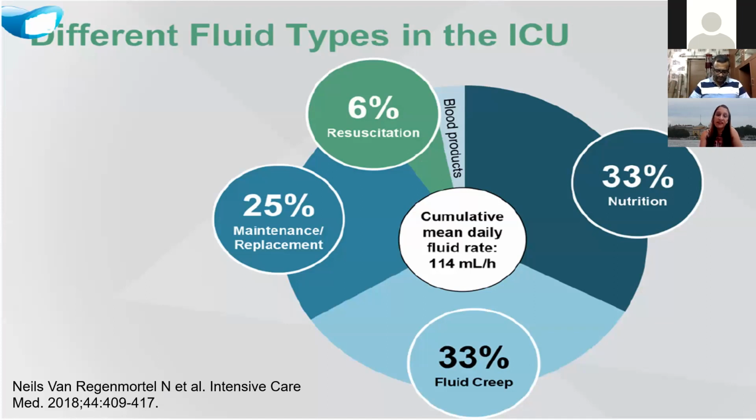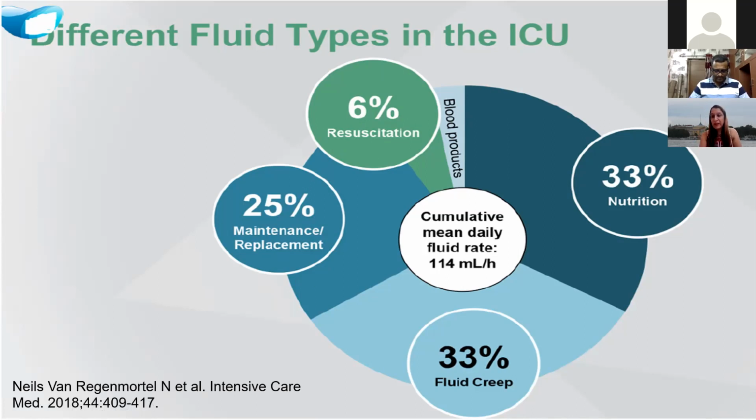After this publication, many other publications have also shown that contrary to the routine belief, the maintenance and replacement fluids account for a much larger volume of fluid given to the patients as compared to the resuscitation. In this study, the resuscitation fluid given was only 6% of the daily fluid, as compared to 25% for the maintenance or replacement fluid.